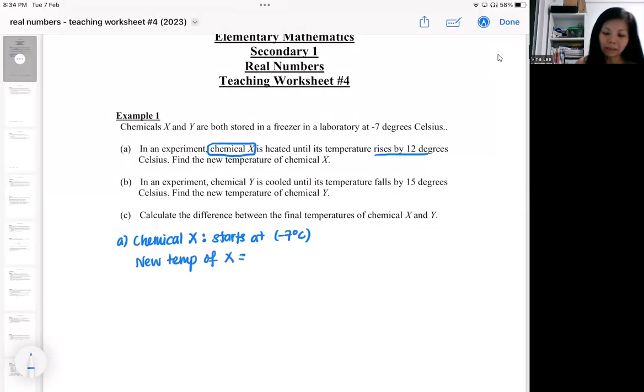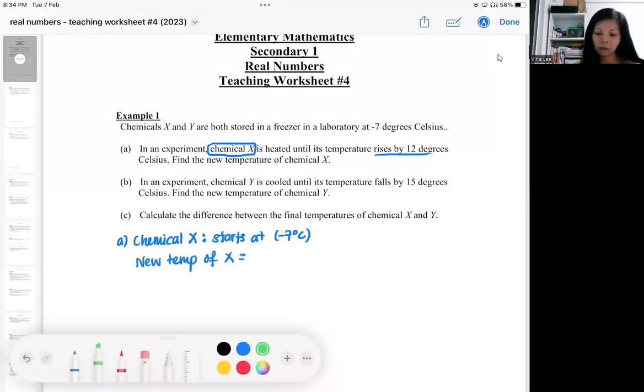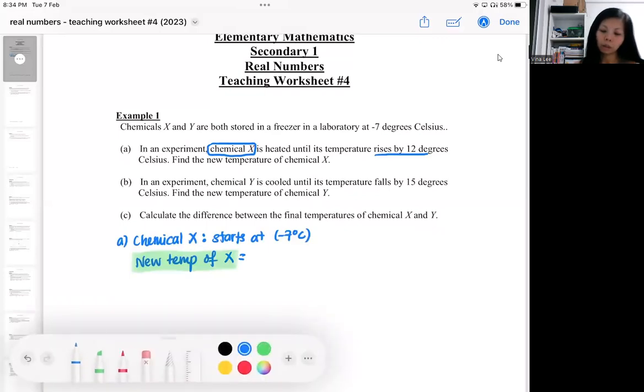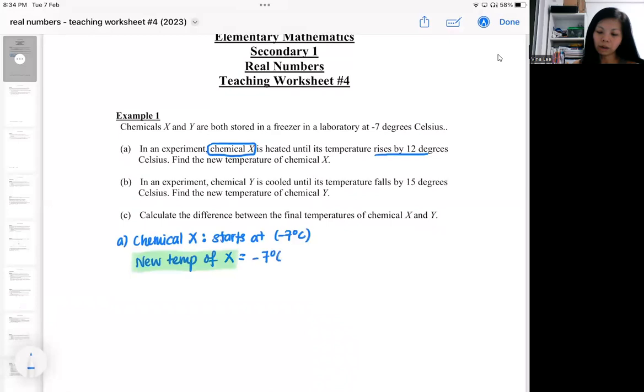Try to label your working. I label what I want to find, then I do my working. Essentially, I'm going to add 12 degrees to it. It's the same thing you have learned in the second teaching worksheet. So here you will be doing 12 minus 7. So it grew to a positive 5 degrees. From -7, now it becomes 5 degrees.